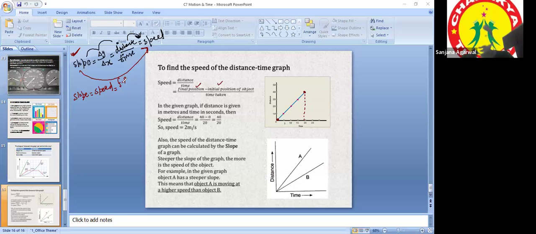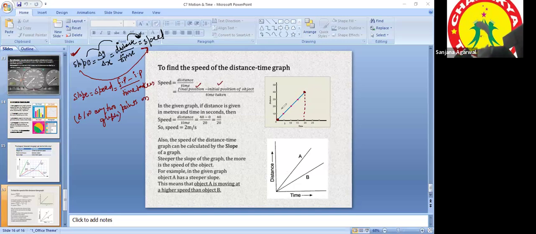FP, according to me, means final position minus initial position, means distance value, divided by time taken between any 2 points. You can write in brackets also between 2 points, and those 2 points can be any, accordingly what is being asked on the graph. And by putting these values, we can find the slope or the speed of that particular journey.